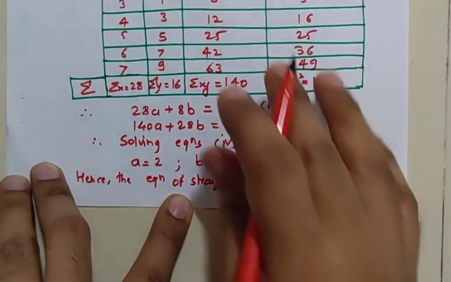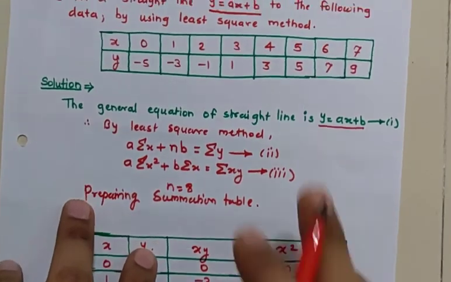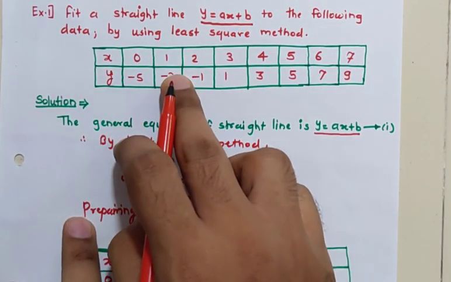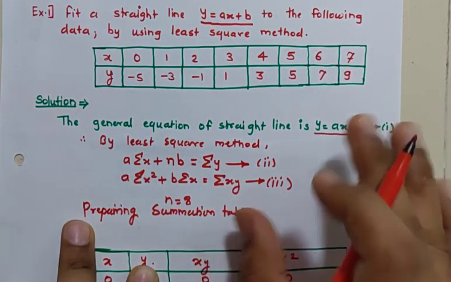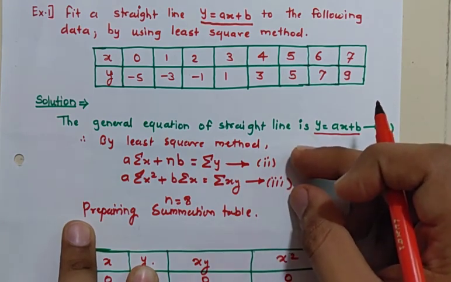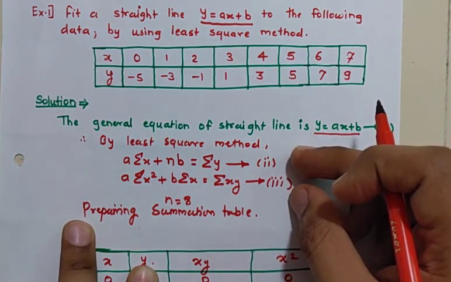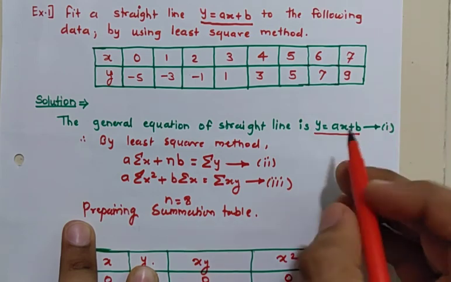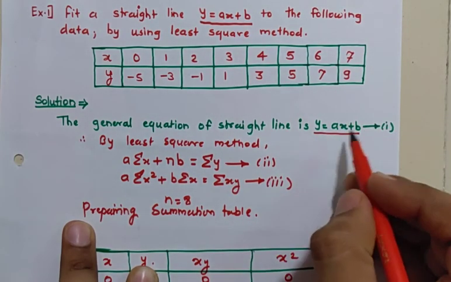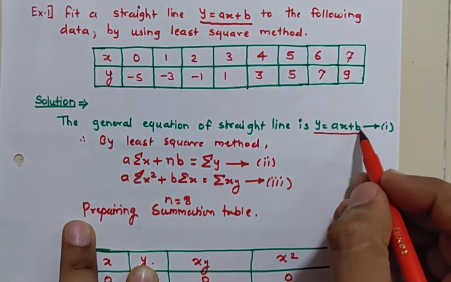So this is how we can fit a straight line equation for a given set of data points x and y. Numerically it is totally simple. We only have to remember these two characteristic equations, and with these we are going to determine the values of a and b.